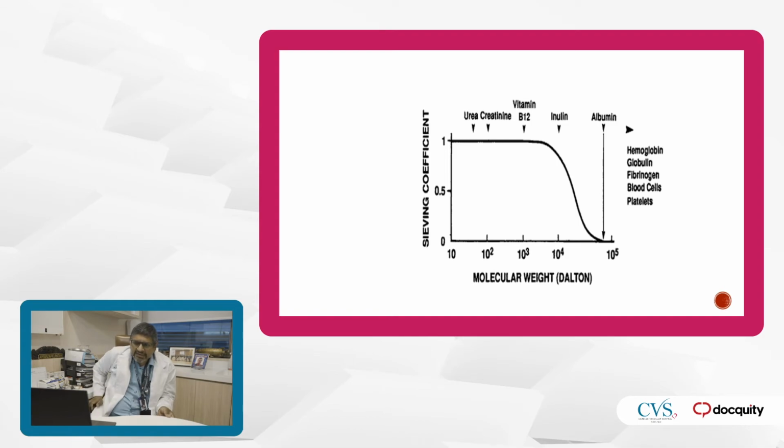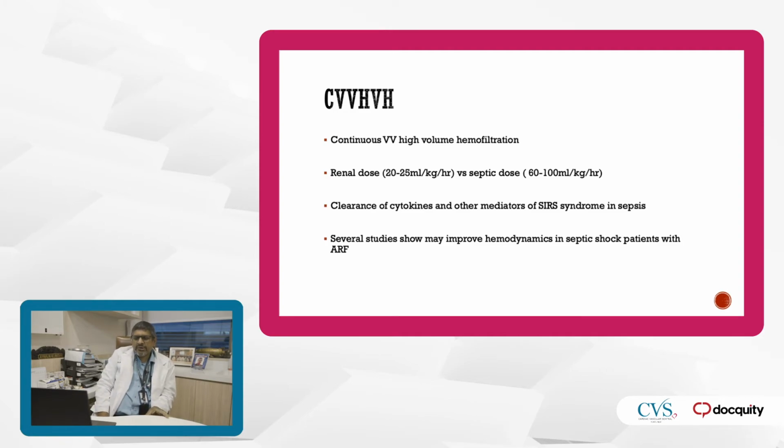What about CVVH, which is continuous veno-venous high volume hemofiltration? The usual so-called renal dose is removing about 20 to 25 mils per kilogram of water per hour. But there's a thing called septic dose, where we remove 60 to 100 mils per kilogram of water during CVVH.